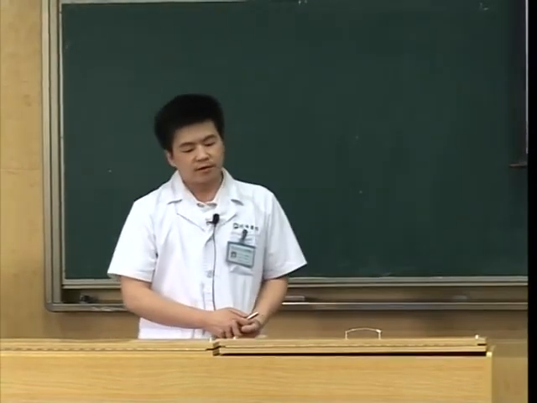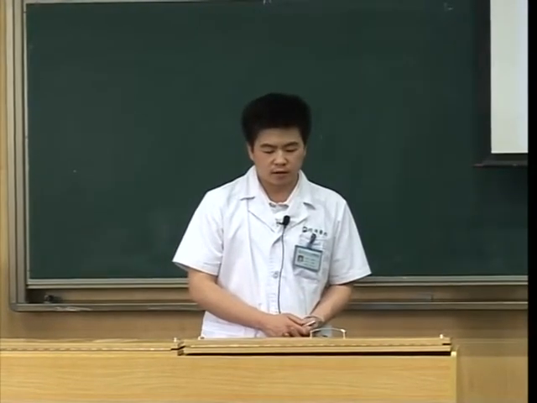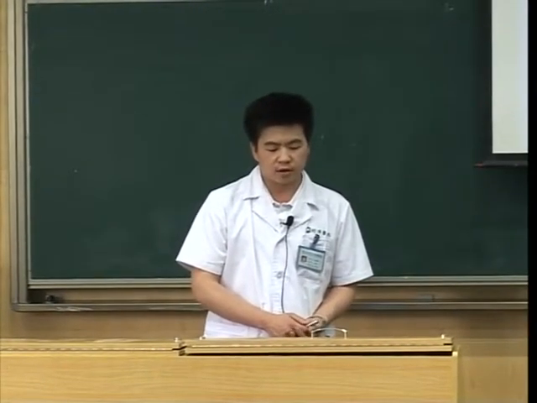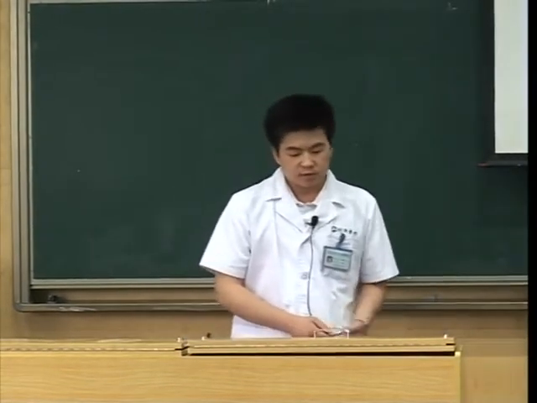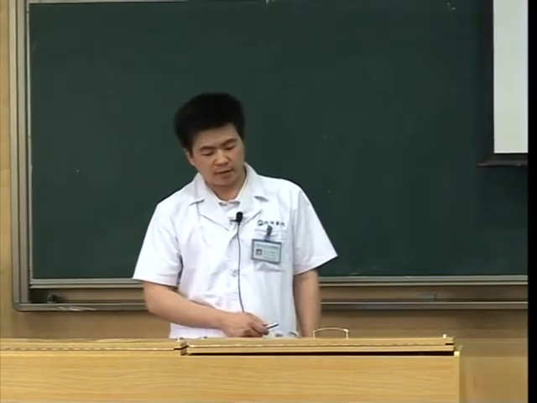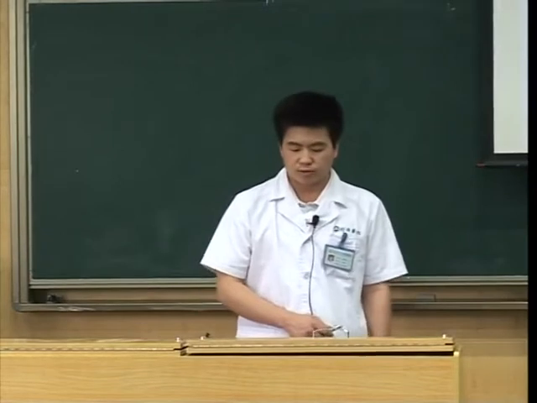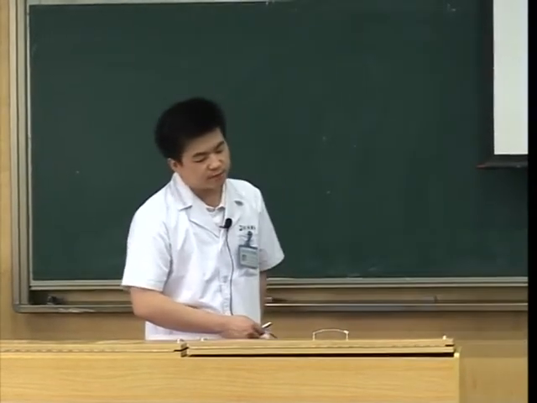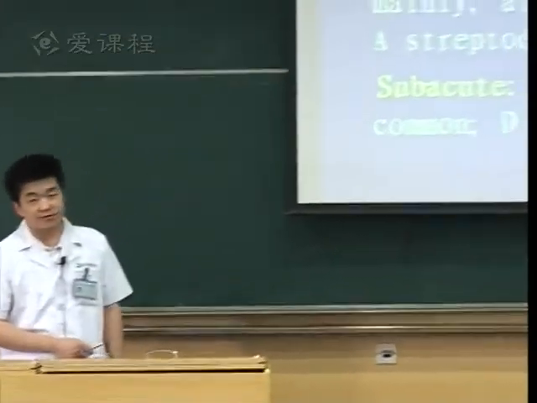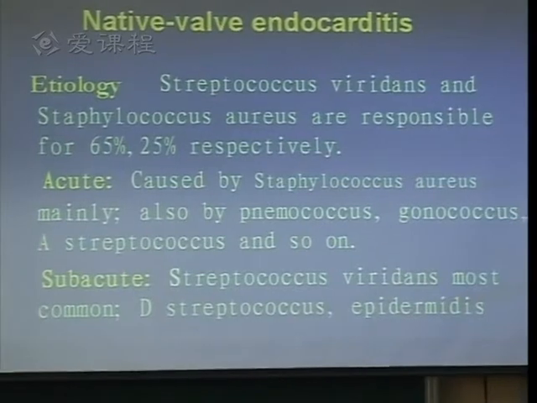For latent valvular endocarditis, first we talk about the etiology. I just said the most common microbial infection is the streptococcus. The streptococcus viridans and the staphylococcus are responsible for 65% and 25% respectively.